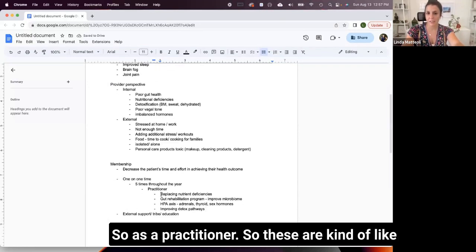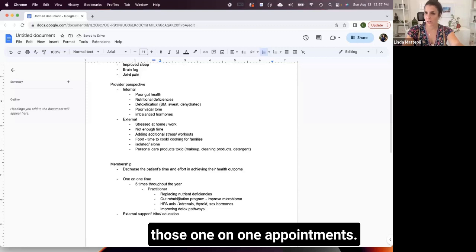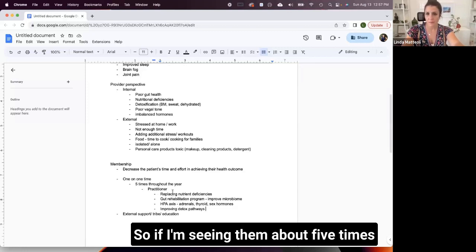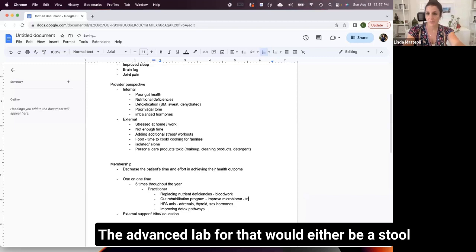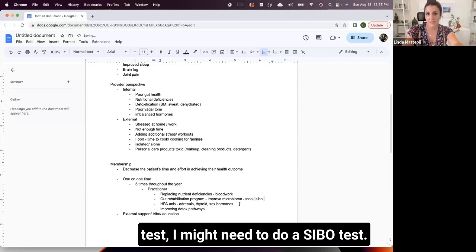So as a practitioner, these are kind of like those one-on-one appointments. So if I'm seeing them about 5 times throughout the year, this would be blood work. The advanced lab for that would either be a stool test. I might need to do a SIBO test.